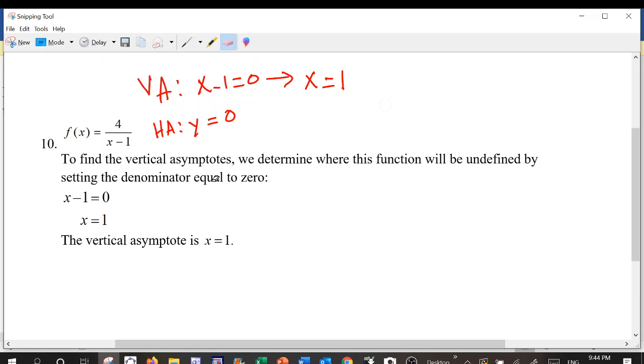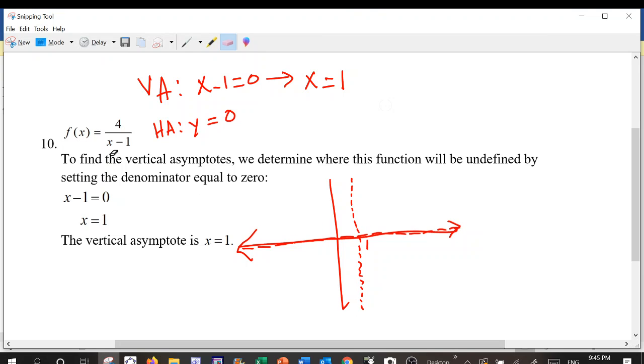So the vertical asymptote is x equals 1 and the horizontal asymptote is y equals 0. If you want to graph this, the vertical asymptote x equals 1 should be this line, and the horizontal asymptote is just the x-axis itself, right?